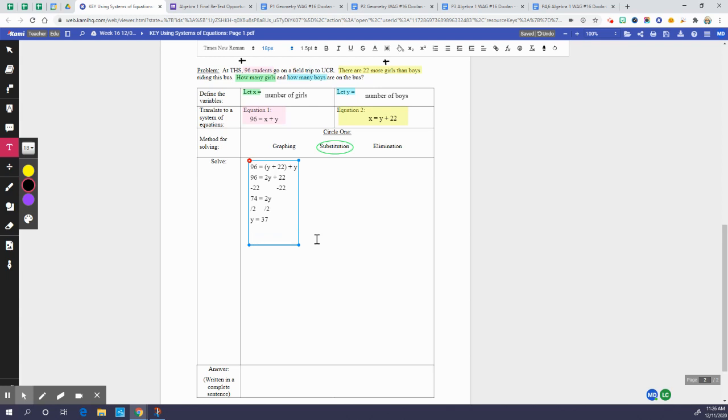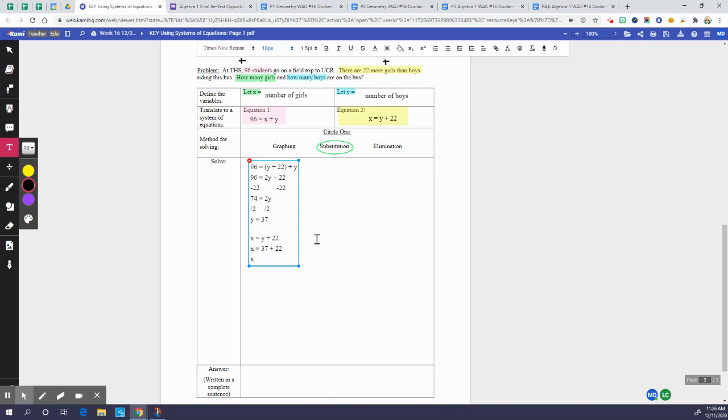I need to now figure out what is the value of x. So I could choose either the pink equation or the yellow equation. I'm going to choose the yellow equation just because it's already solved for x. So x equals y plus 22. I'm going to replace the y with what y is, which is 37. And I'm going to add 22.